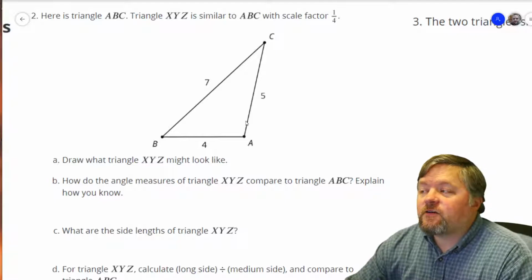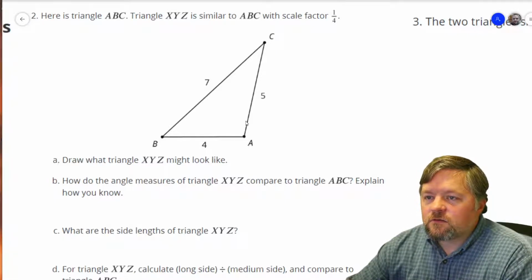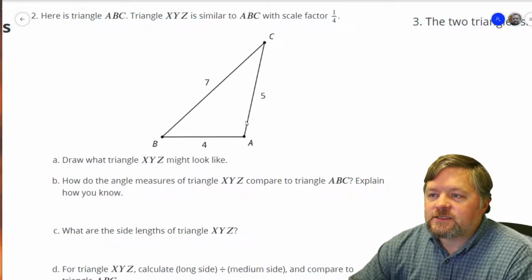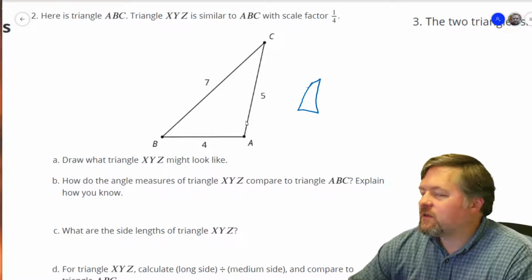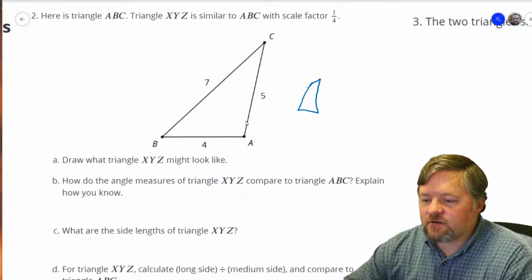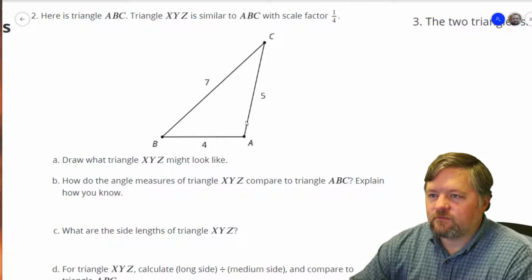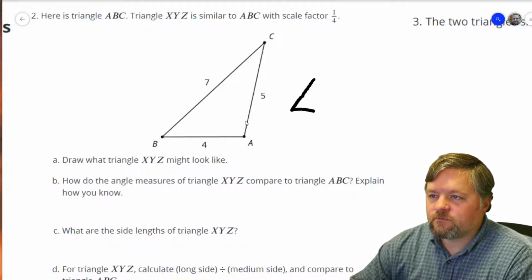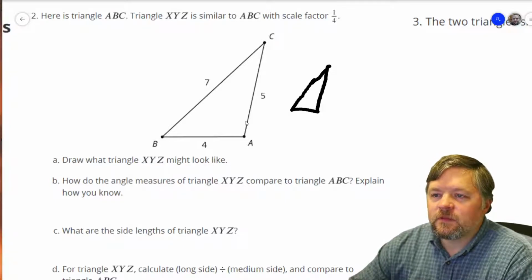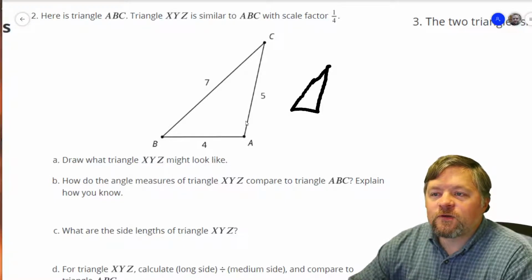So if it has a scale factor of 1/4, to be similar, it's going to have... That's not my best drawing ever. I'm trying that again. Scale factor of 1/4.